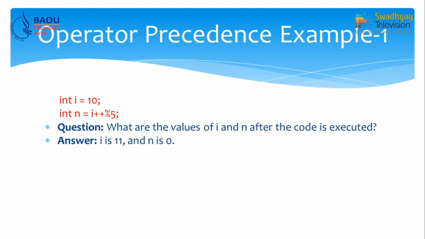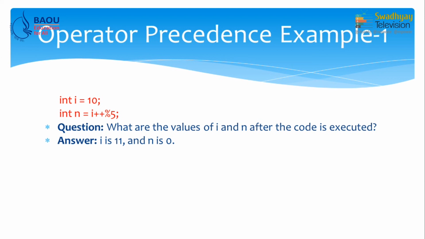Why? In the case of the postfix increment operator, the value of i will be incremented by 1, but not used immediately. So i is only 10, and 10 divided by 5 gives remainder 0.